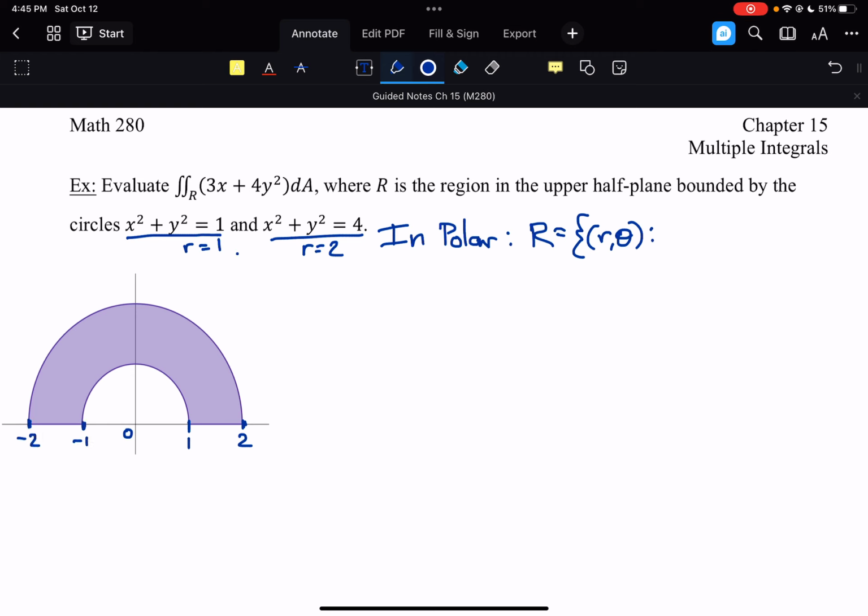The radius of the circle goes from 1 to 2, so r is between 1 and 2. r will not be negative. r only goes out positively, so it's from here to here. And then theta is what takes us around to this side in order to cover everything. So r goes from 1 to 2, and then theta says to keep going all the way until we get to here. And that, in terms of angles in radians, would be pi. So theta goes from 0 to pi.